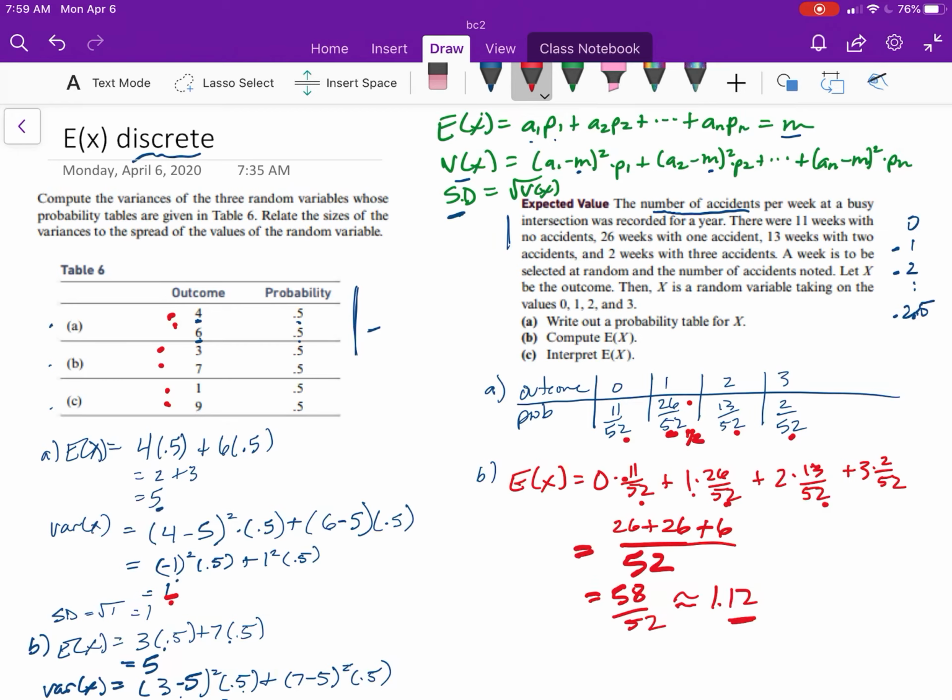It's just overall, we can expect an accident a week and a little more. So, have an accident one week, maybe 2 the next, and then maybe 0 the next, right? I mean, any given week, expect 1.12 accidents is how we would interpret that.